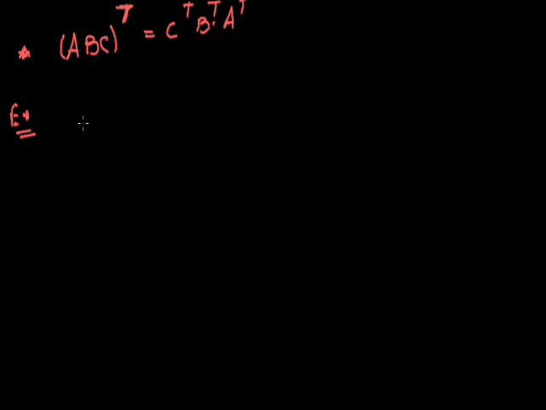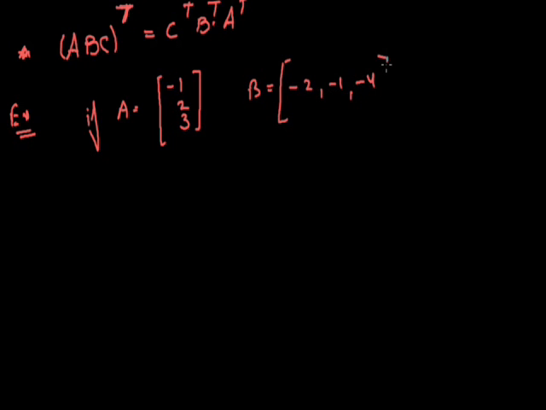This question was asked in CBSE 2002 and again in CBSE 2005. If A equals the column matrix -1, 2, 3 and B equals the row matrix -2, -1, -4, verify that (AB) whole transpose is equal to B transpose A transpose.